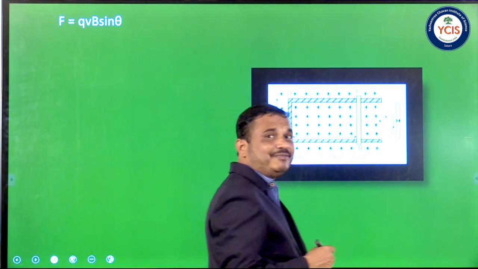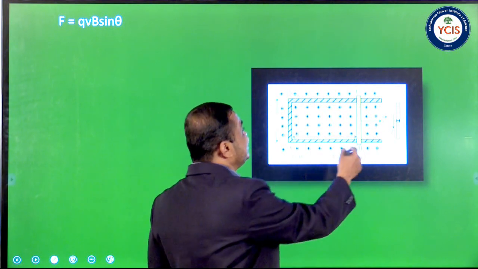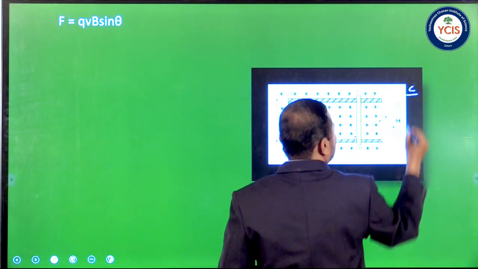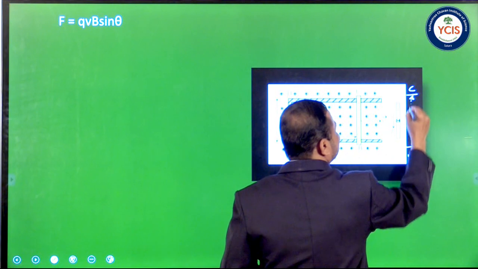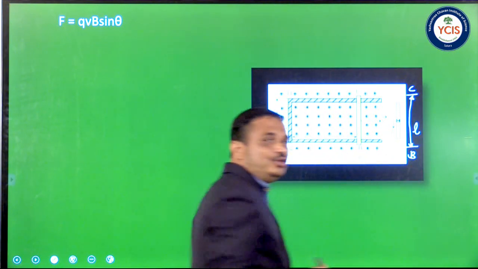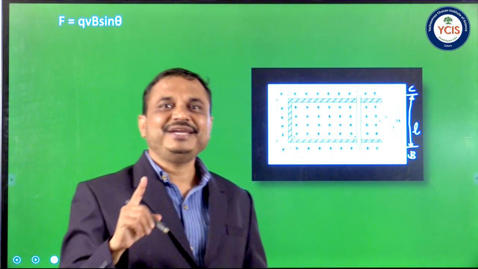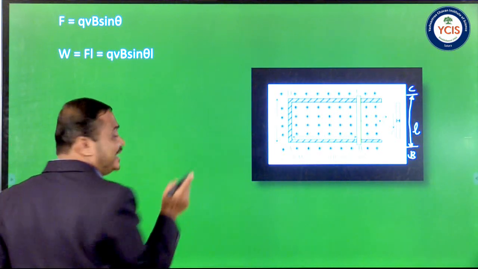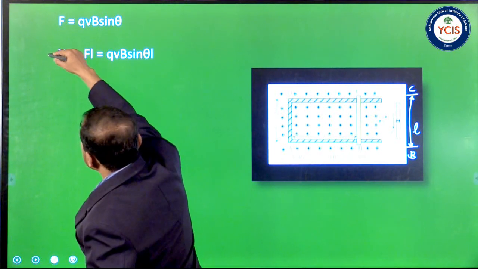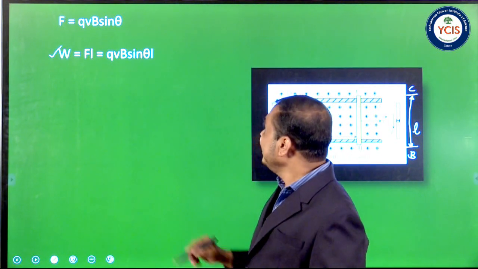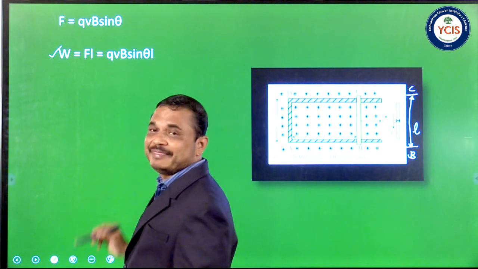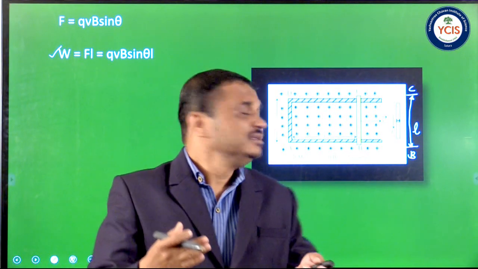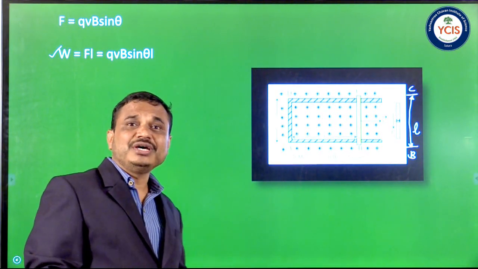The maximum displacement is the distance between the extreme ends of the conductor, B and C, which is the length L. So due to this force F, there is a displacement L of an electron. The work done on that charge is force into displacement, W equals F into L, that is QVB sin theta into L. This is the work done on the free electrons due to the magnetic force.